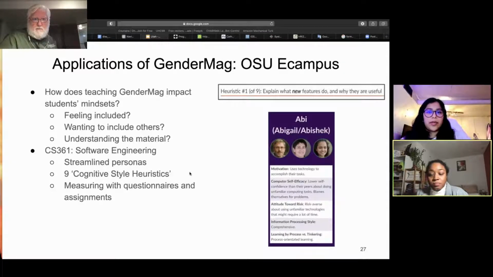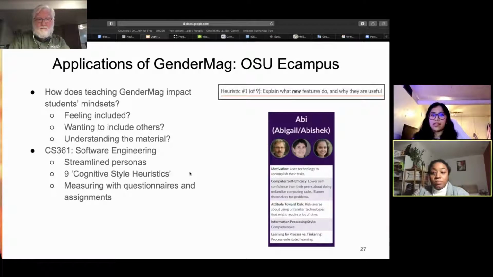There's an example up here in the upper right-hand corner: heuristic number 1, explain what new features do and why they are useful. These heuristics are based in research and in the facets. Then we're measuring our questions with a set of questionnaires and assignments to see how students are feeling about these topics. Next, please.